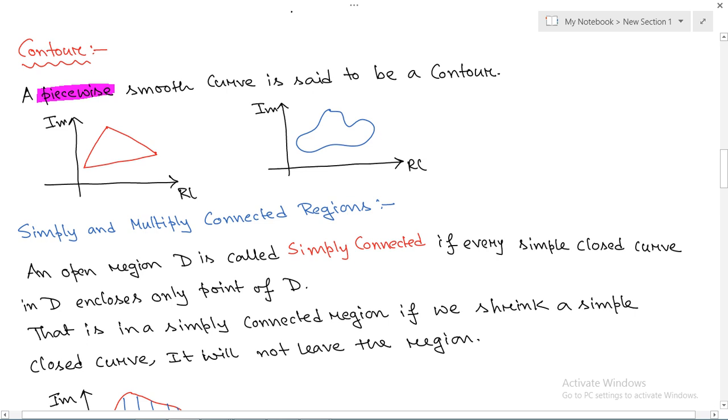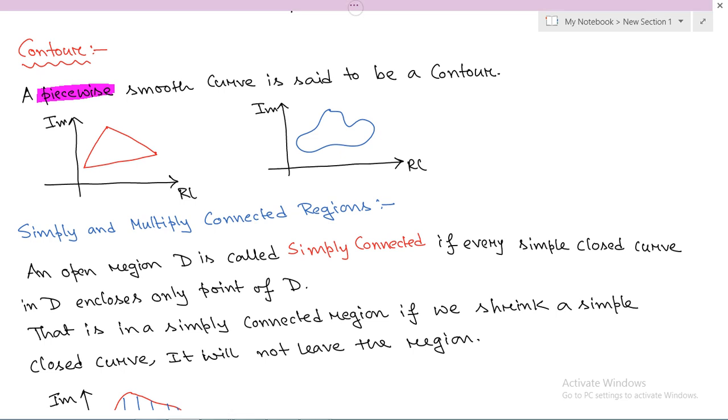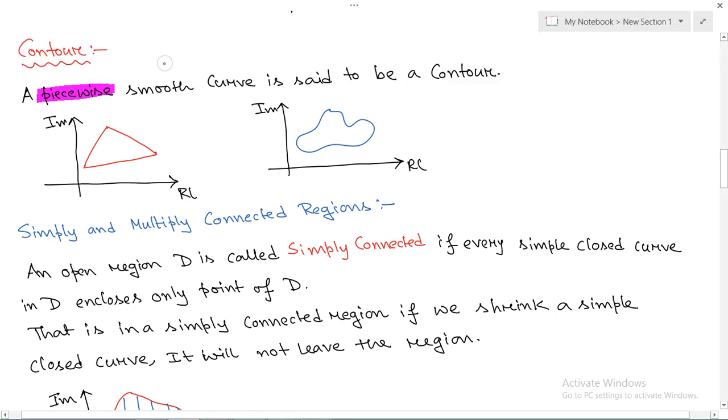So we can say that every smooth curve can be a contour, but every contour is not necessarily a smooth curve. It can consist of a finite number of smooth curves. For example, in this diagram I have drawn one triangle, right? This triangle consists of three straight lines, where each of these straight lines represents a smooth curve. But the three vertices of this triangle are creating the corners of the arc.